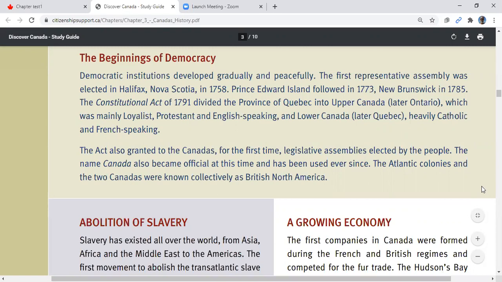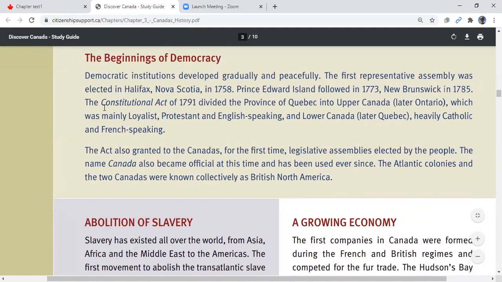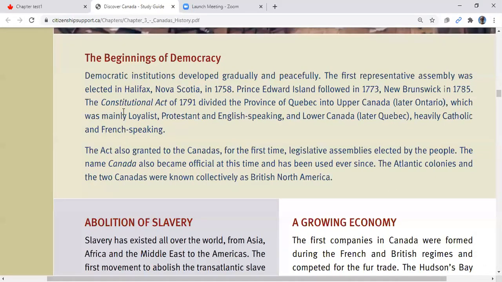The other thing is the Constitutional Act. That's a very difficult word. Constitutional Act of 1791. What happened there was that everything used to be called the province of Quebec. Ontario and Quebec together used to be called the province of Quebec.